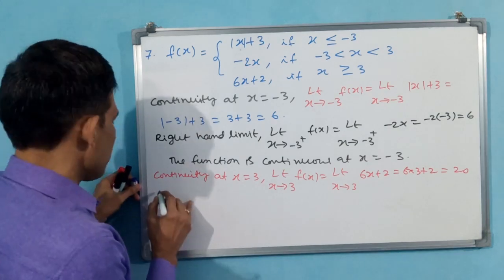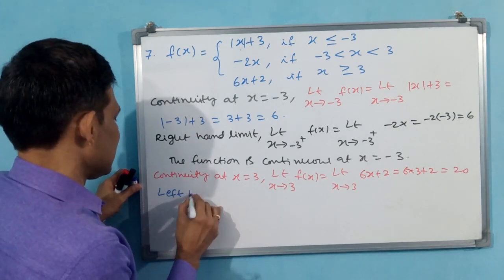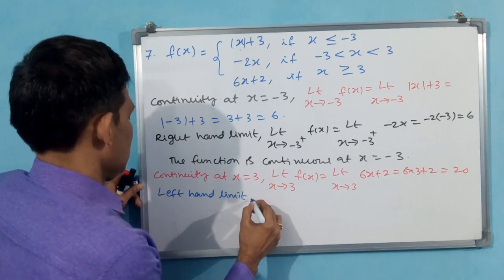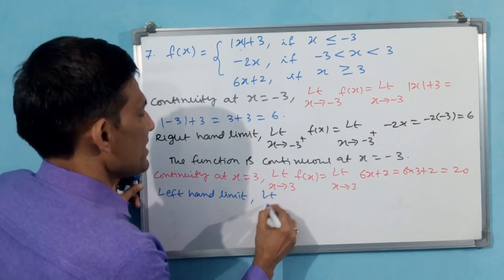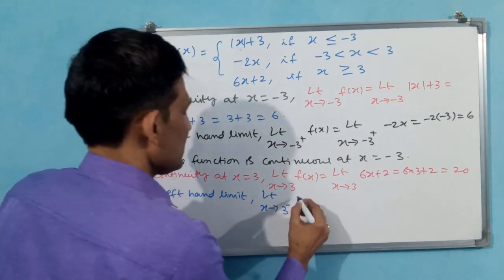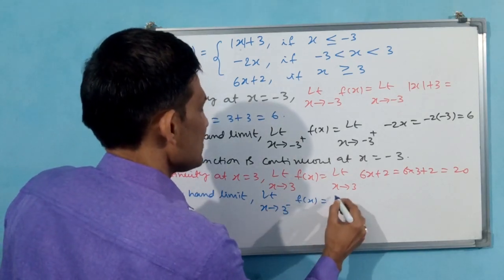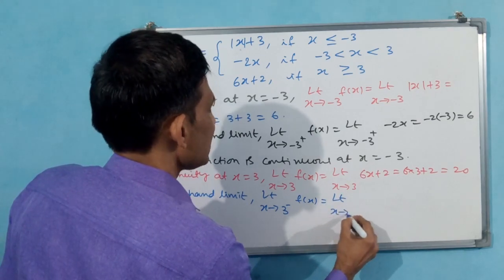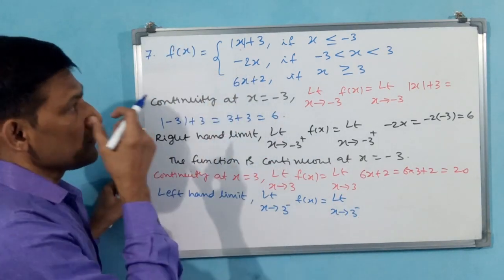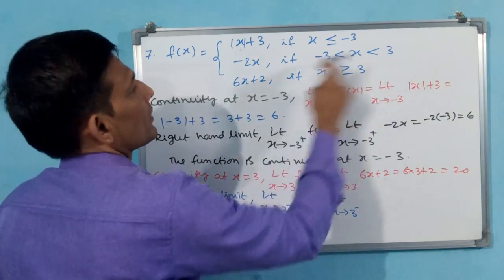Write down. Left hand limit, comma, limit x tends to 3 minus. Left hand limit means f of x, that is equal to limit x tends to 3 minus f of x, which means what here? 3 minus, if you see, minus 2x.